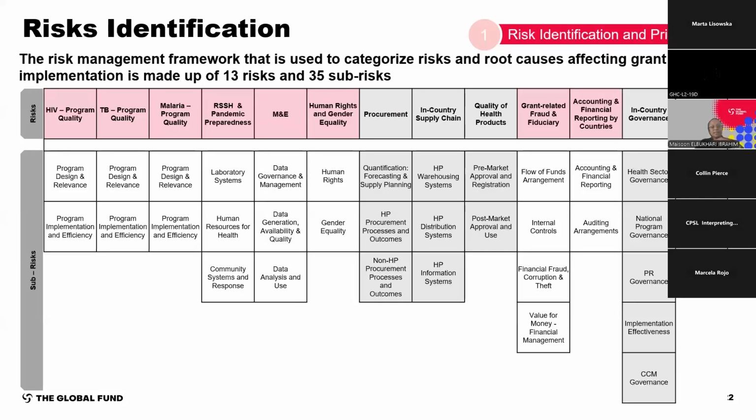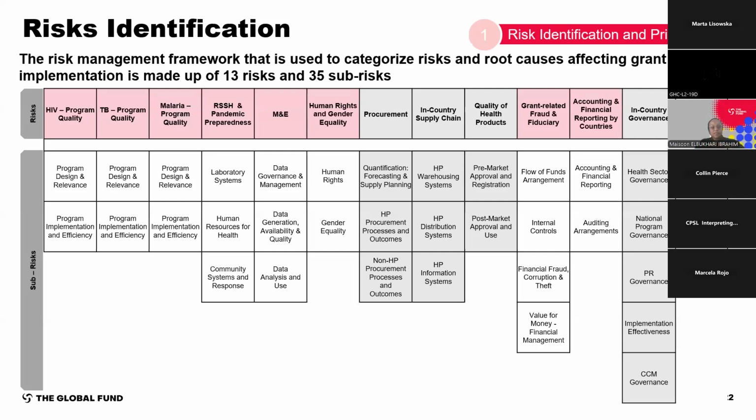And then at the second level, we have detailed data on the risk rating for each of those risks. For example, for the malaria program quality risk, broken down by country, region, and even at organization level. And it's important to have that overall view over the level of risk and the drivers, because it helps us as the Secretariat design mitigating actions across the portfolio.